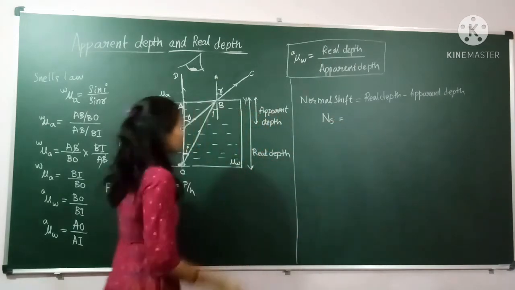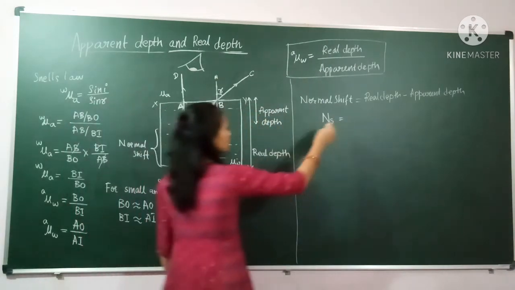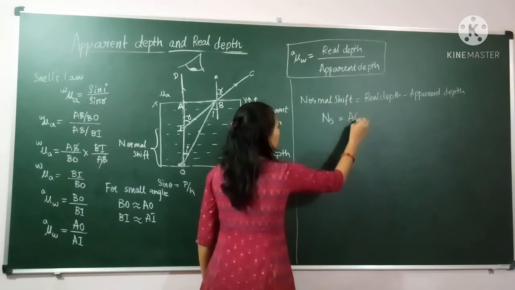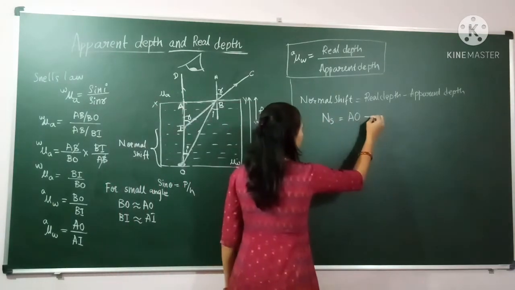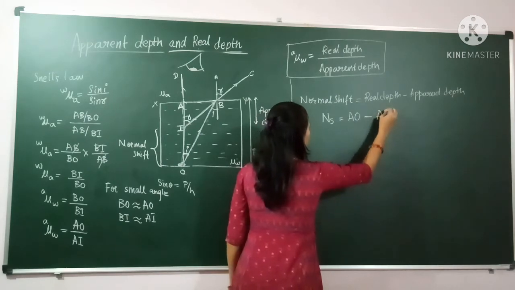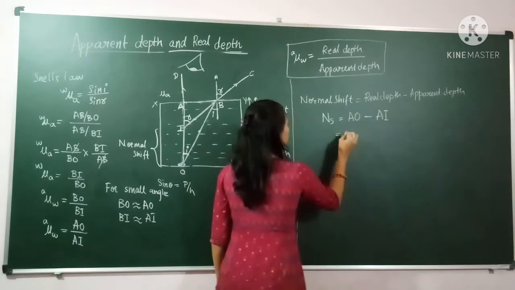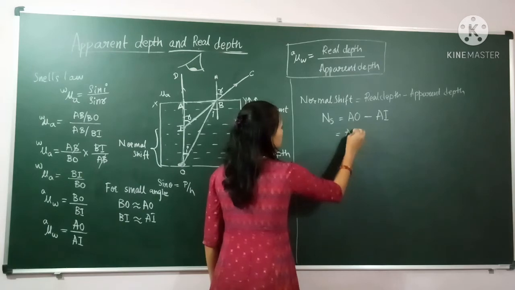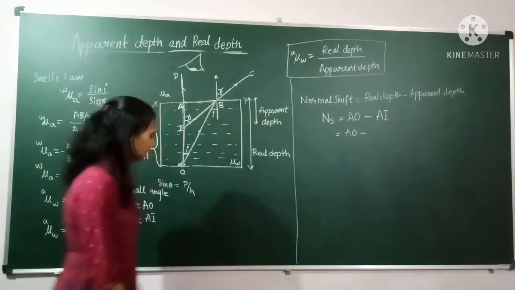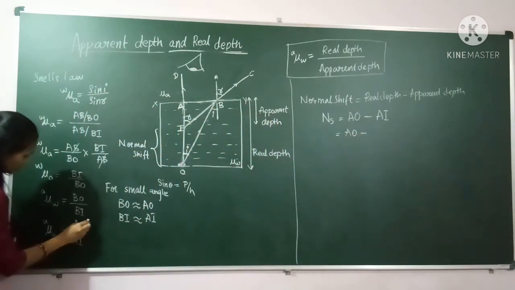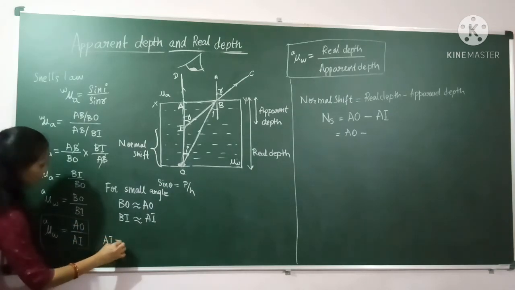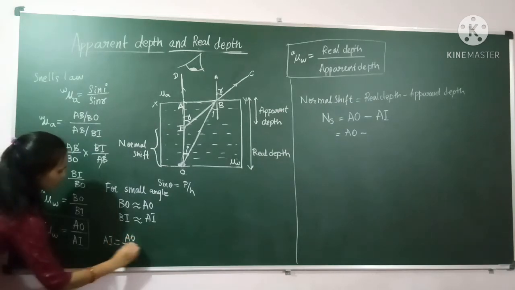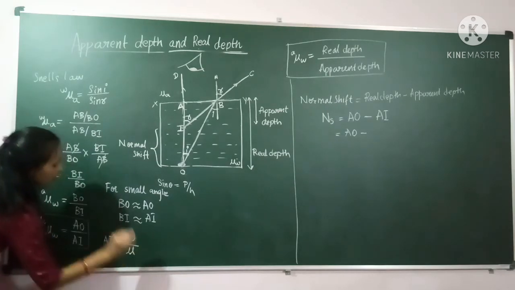Now this normal shift we will write as NS. Real depth is how much? AO. So I will write here AO minus apparent depth, which is AI. Now see here, AO we will write as it is, minus AI, which can be written using this relation. In this relation, AI is equal to AO divided by refractive index.